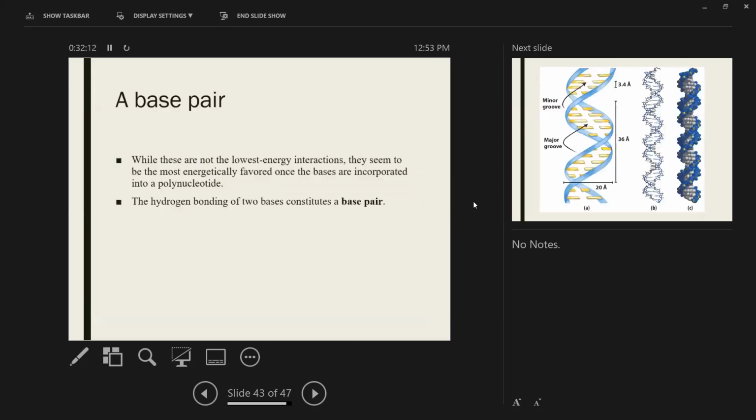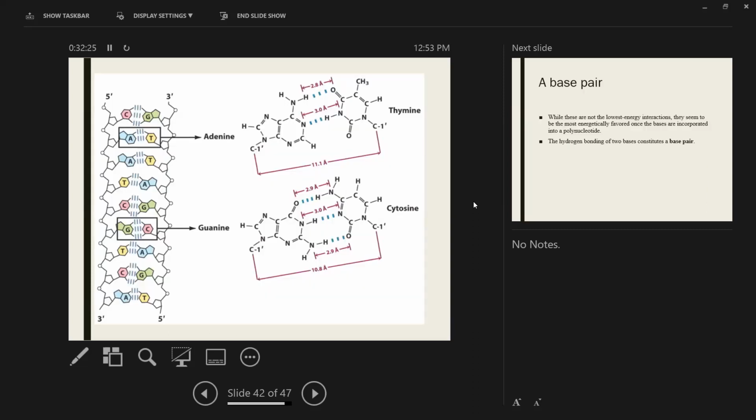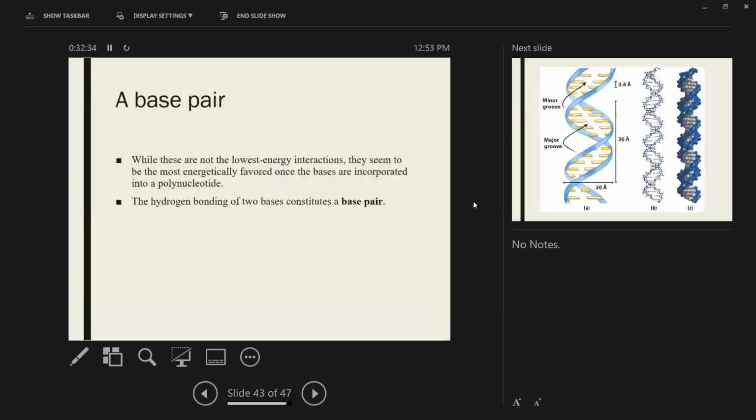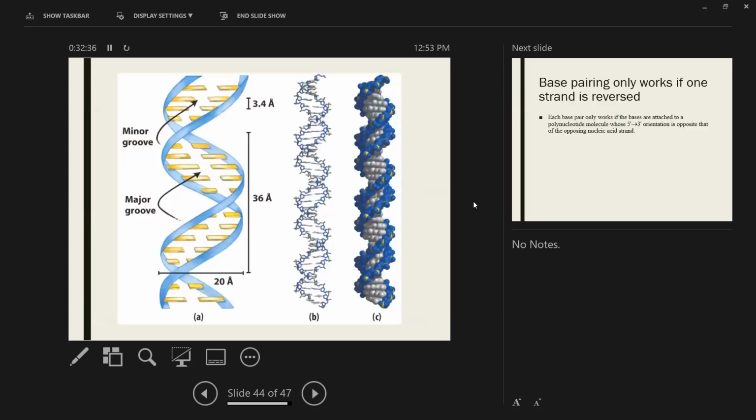So these couplings constitute a so-called base pair. These are the most energetically favored hydrogen bonds when they are in a polynucleotide chain and then interacting with another polynucleotide chain. And you can see these here.